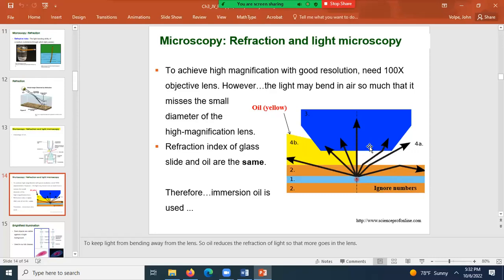Now, when we use oil, this ray and this ray will not refract, and so they will be collected by the objective lens. That means the objective lens will collect more light, and that increases the resolution of the specimen.